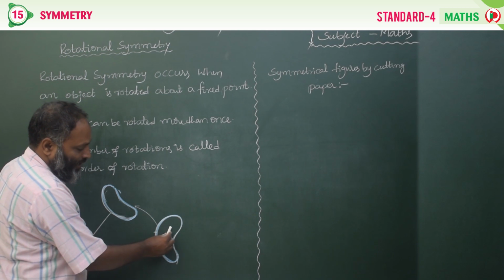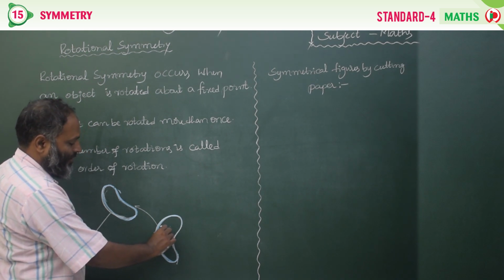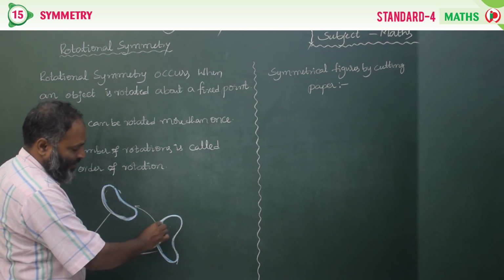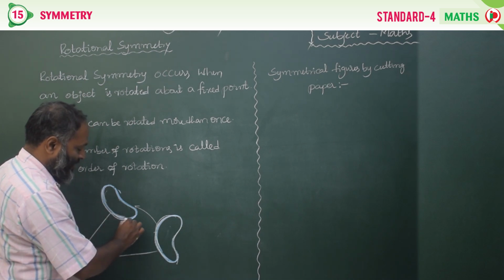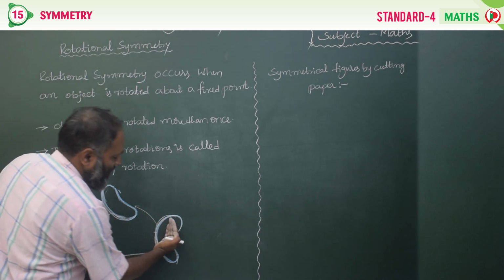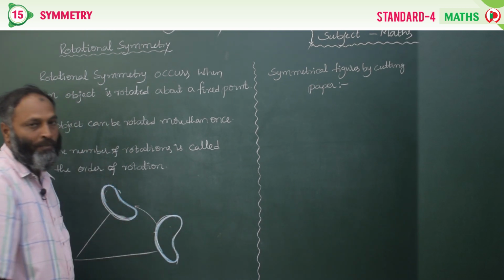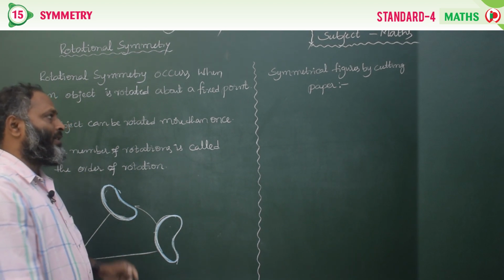Here it is in this vertical form, and it goes in slightly, so a slanting rotation. The base is here like this, and after rotation the base will get like this. This comes under rotational symmetry.